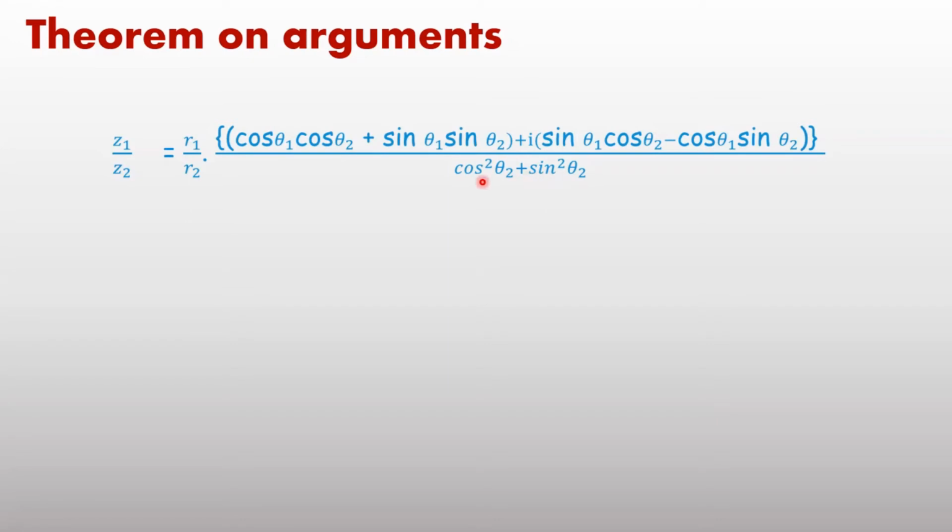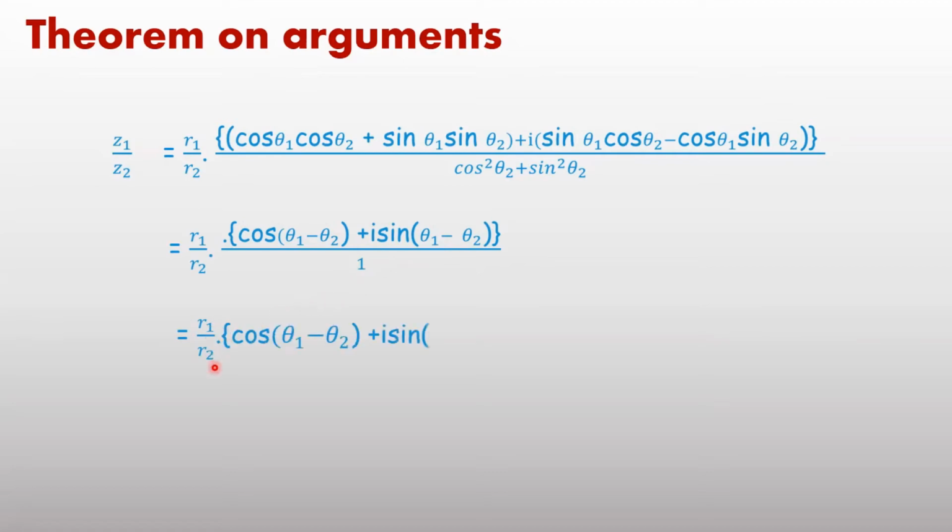Then in the denominator apply the formula cos square a plus sin square a equals 1. So in the next step you can write r1 upon r2, and in the numerator, by the formula cos a cos b plus sin a sin b, cos (a minus b) plus i sin (a minus b), that is sin (theta 1 minus theta 2), upon 1, equals r1 upon r2 (cos (theta 1 minus theta 2) plus i sin (theta 1 minus theta 2)).